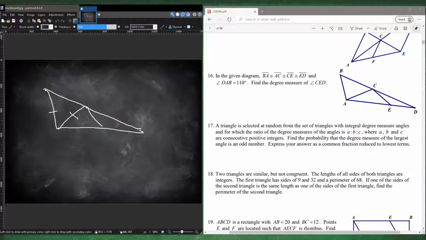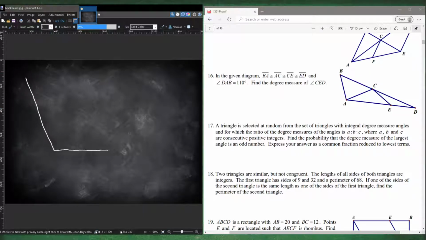This might be a little bit small, so let's draw a little bit bigger. Okay, so these are the same. So let's call this x and this x. So this is 180 minus 2x, right? So the sum is 180. And they're isosceles, and that's why it's that. And they say DAB, so this angle is 110.